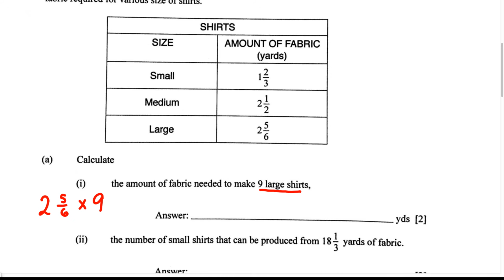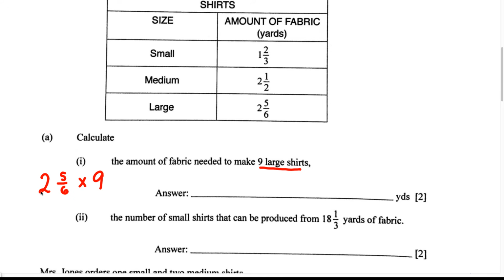Now, when we put this in our calculator, we're just going to say 2 ABC 5 ABC 6 multiplied by 9. And when you put this in your calculator, you're going to get 25 1/2. Therefore, it takes 25 1/2 yards of fabric to make 9 large shirts.